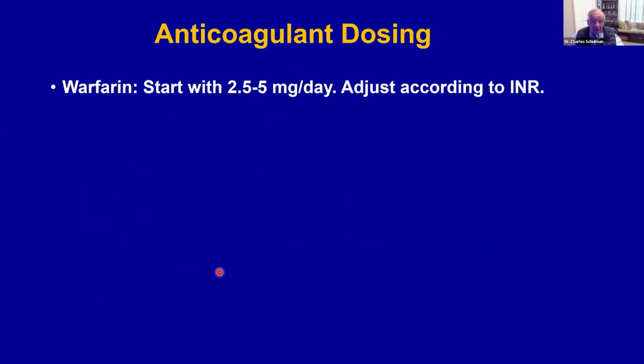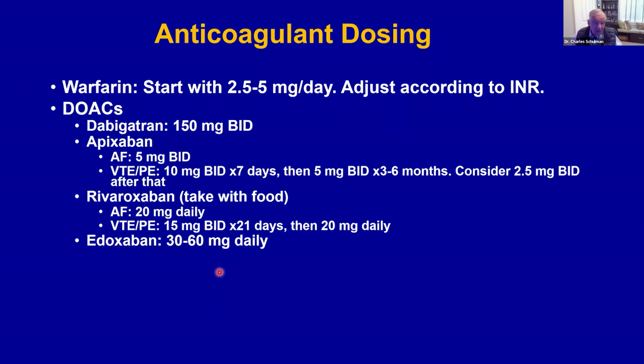What about anticoagulation dosing? For warfarin, I think we all know this. Start with something like 2.5 to 5 milligrams a day and adjust according to the INR. For the DOACs, the dose of dabigatran is 150 milligrams twice a day.